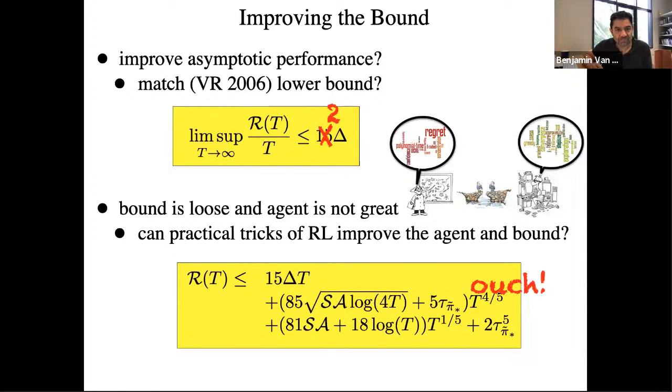An agenda I find particularly exciting is that there's this big universe of tricks of the trade in reinforcement learning, practical tricks that agent designers actually use when they design practical agents. An interesting thing is to try to bring these tricks into the mix and see if they can lead to improvements in this bound.